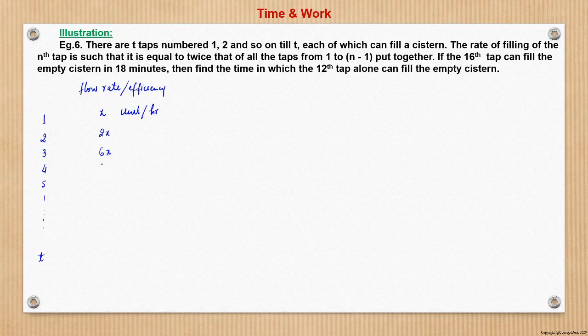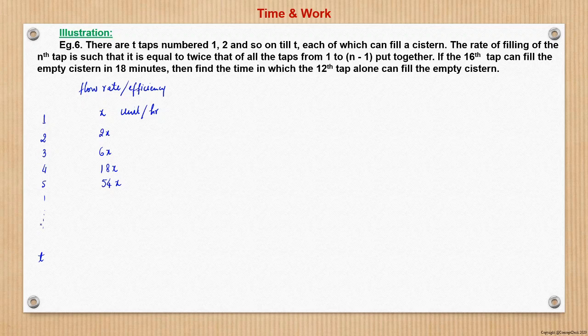Similarly, here it will be 6 plus 2 is 8, plus 1 is 9, 9 times 2 is 18x. For the fifth, it is similarly 54x, right? So this way we have to find the generic term here. How to find the generic term for the tth term or the nth term?